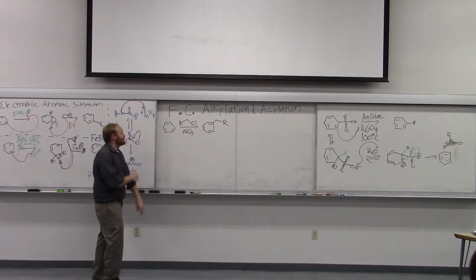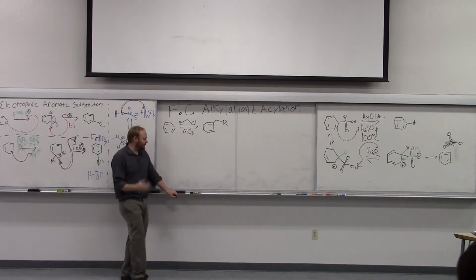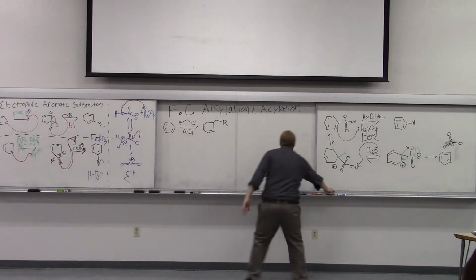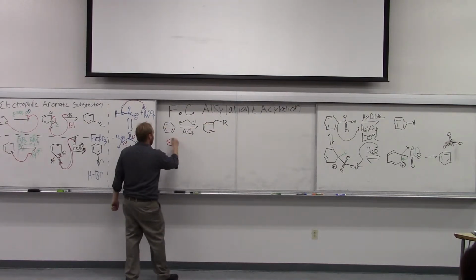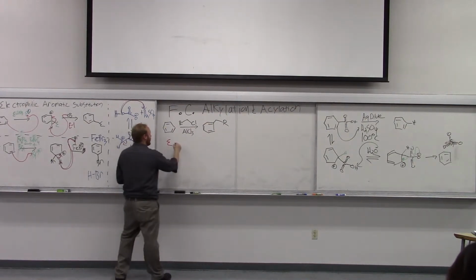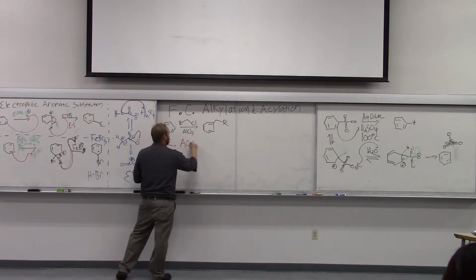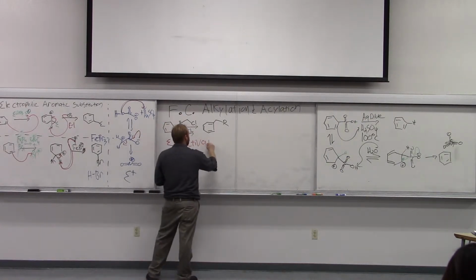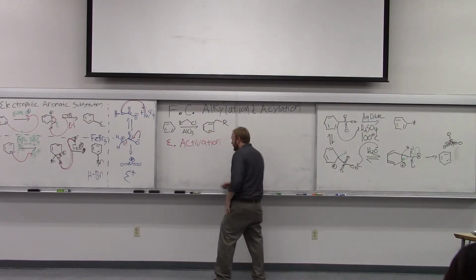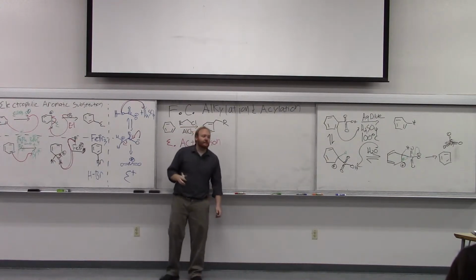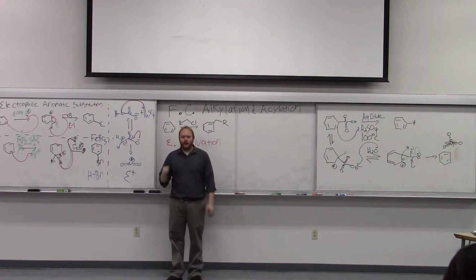So the first part of the mechanism, as always, is going to be your electrophilic activation. So E for electrophile activation. And what I can tell you is the mechanism really depends on whether or not you have a primary, a secondary, or a tertiary alkyl chloride.